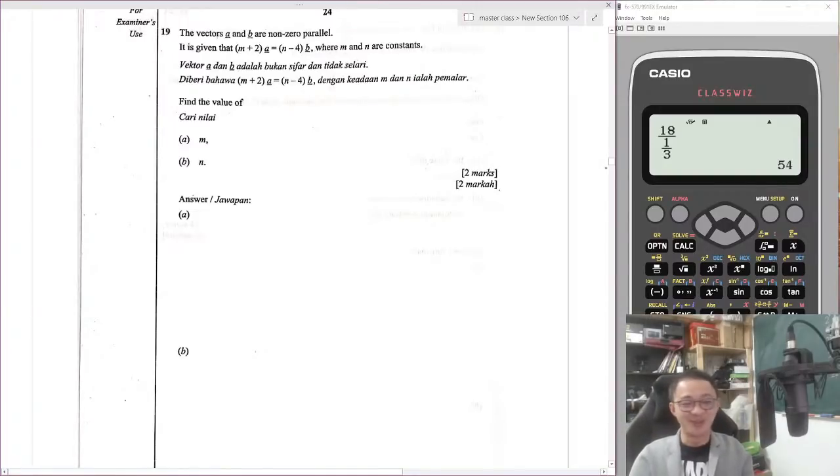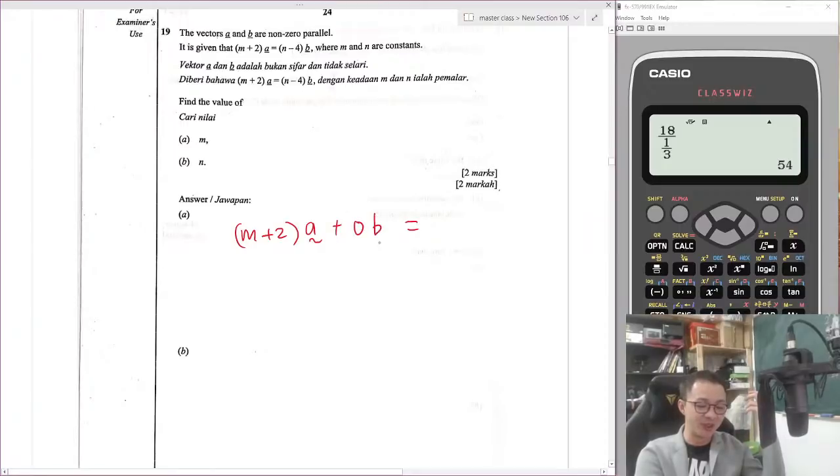All very simple. I just hope I can finish in 1 hour, maybe. So this is non-zero parallel. Non-zero basically means there is something, while a zero vector means there's nothing. When we compare both sides, we see nothing here, which is actually plus 0b.